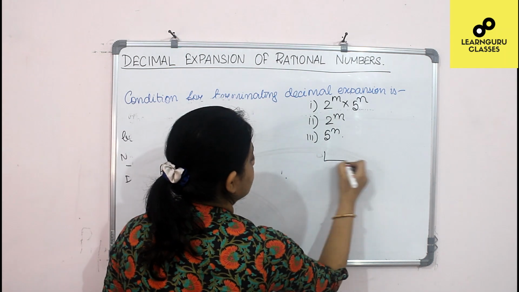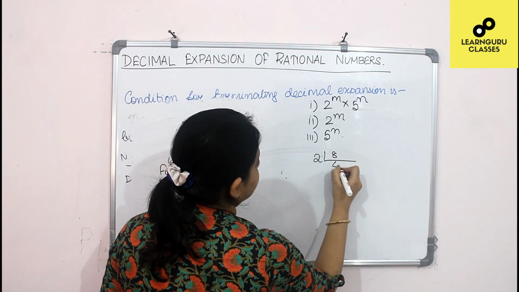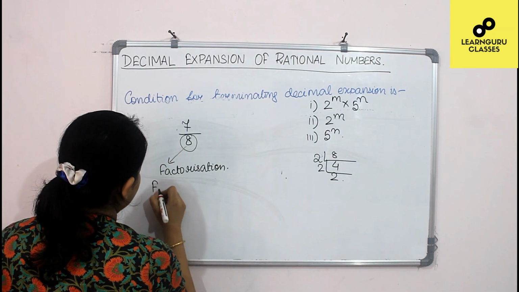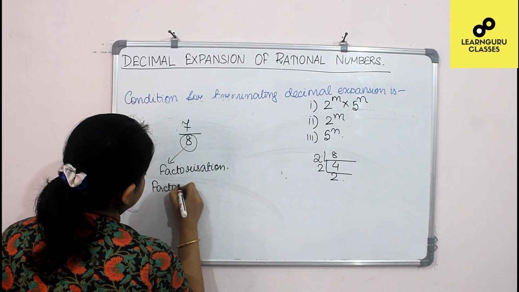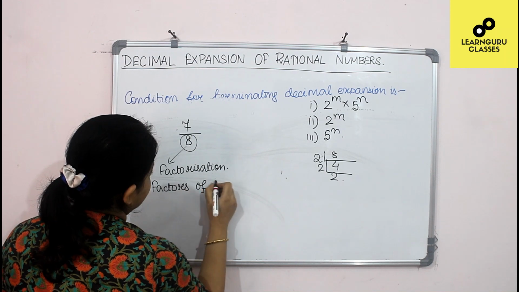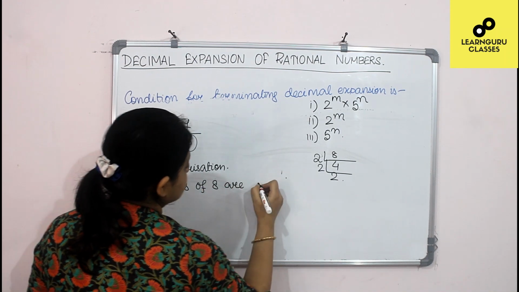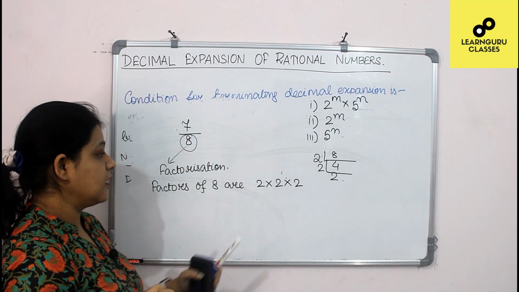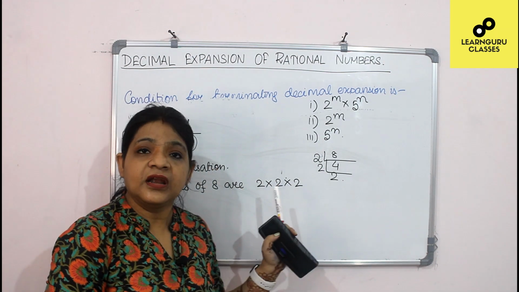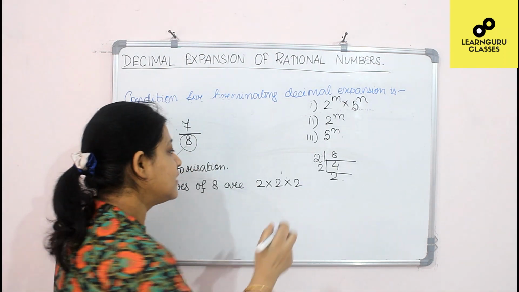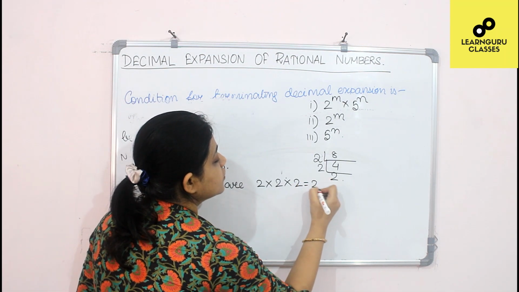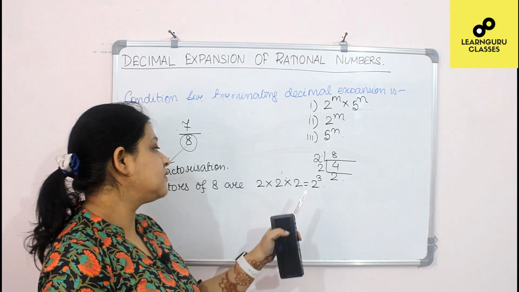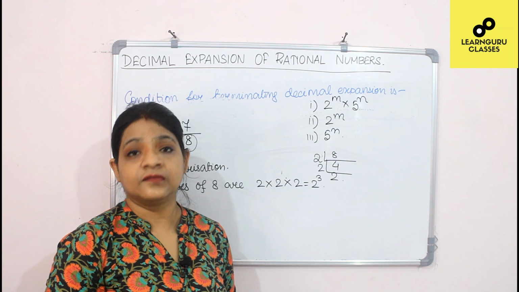Suppose 8. 2 fours are 8, 2 twos are 4. So factors of 8 are 2 into 2 into 2, isn't it? Now 2 is repeated 3 times, so we can just replace it with 2 to the power of 3.